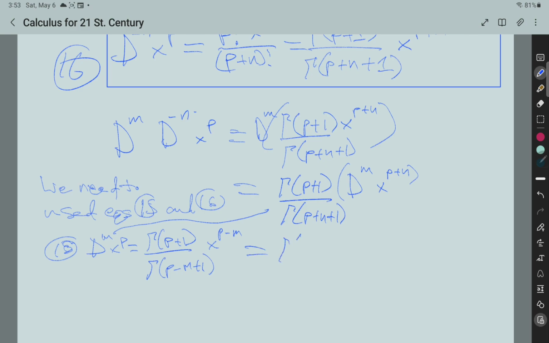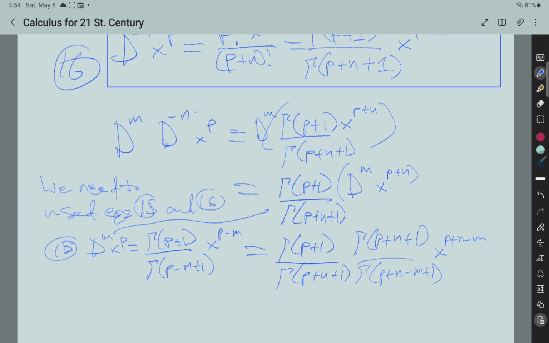So this is equal to gamma p plus 1 over gamma p plus n plus 1 times d^m, which is the same thing as gamma p plus n plus 1, because this p here is now p plus n. And then the bottom one is p minus m plus 1, so the p downstairs is now gamma of p plus n minus m plus 1, and then x to the p plus n minus m.